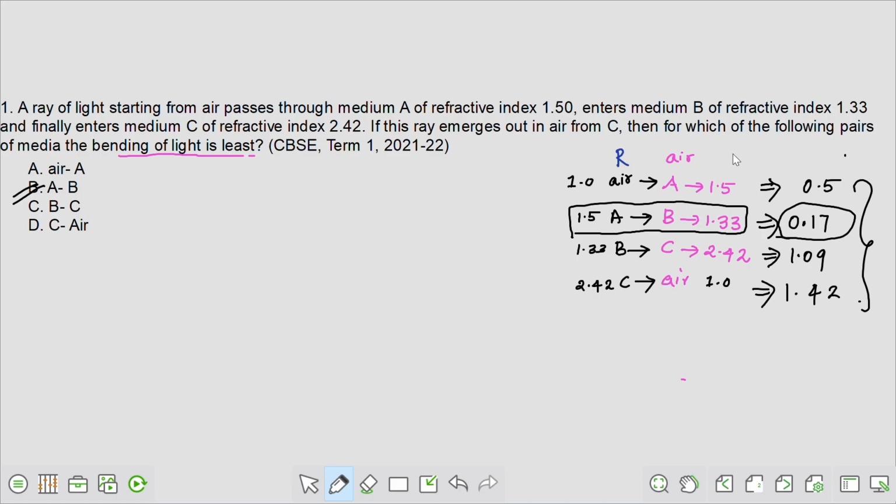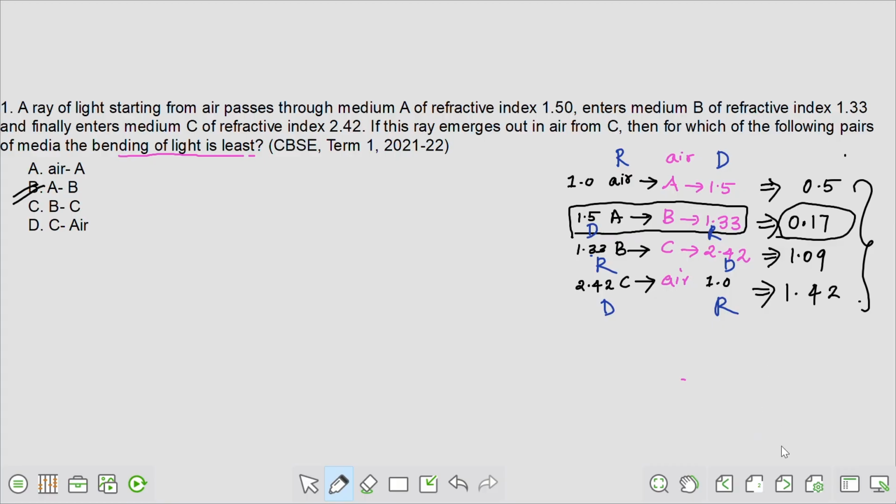Here air is rarer, A is denser. Comparing these two, this is denser, rarer. Then comparing these two, this is rarer, denser. This is denser, rarer. So in the second case, again you can see denser to rarer bends the least. That is another, scientific way of explaining why light bends least when it travels from A to B.